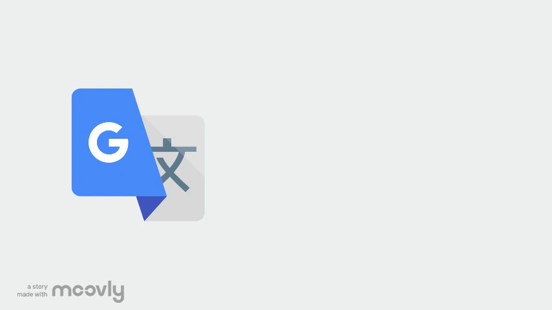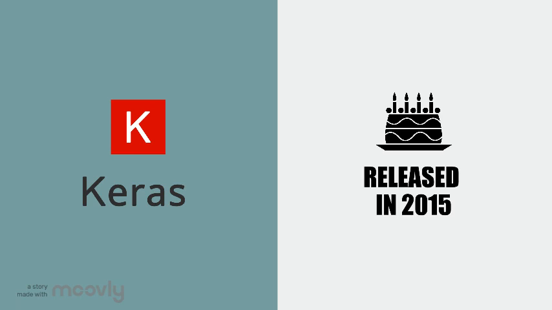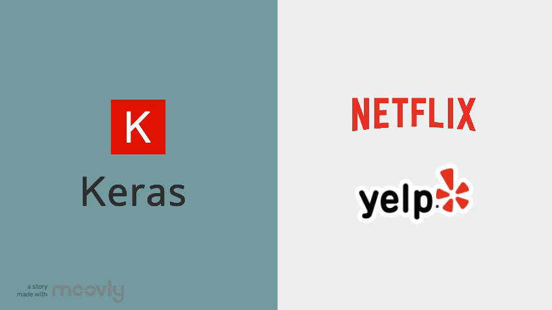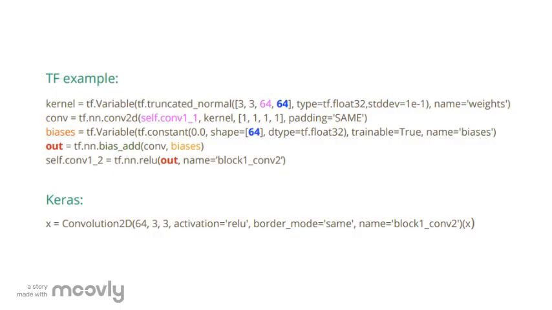The other library, Keras, was released in 2015, and similarly to PyTorch, it is also gaining popularity among companies such as Netflix and Yelp due to its ease of use, simplicity, and its ability to foster rapid prototyping. You can see from the below example the simplicity in the Keras code versus the TensorFlow code of 5 lines.